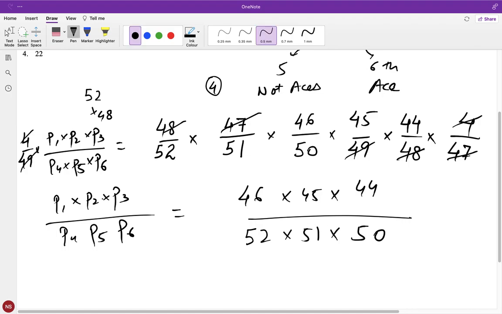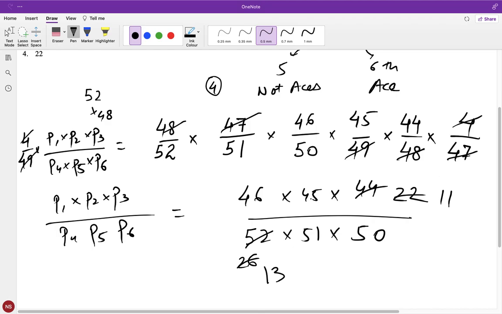Are these the values which correspond to this? No, because it is given that all these P1 to P6 are prime numbers. 44 is not a prime. So let us reduce: 22, 26, okay, 11, 13. 11 is a prime number, 13 is a prime number.